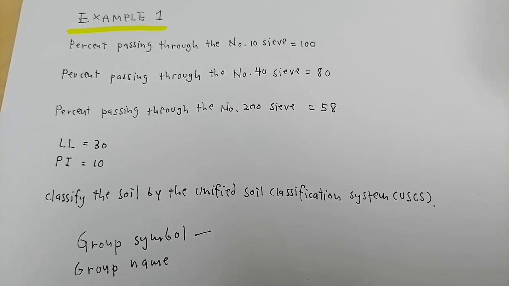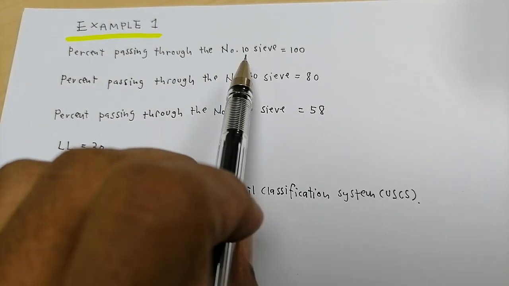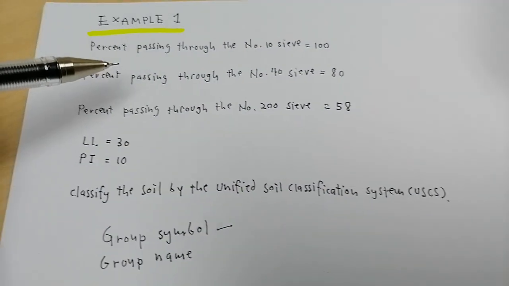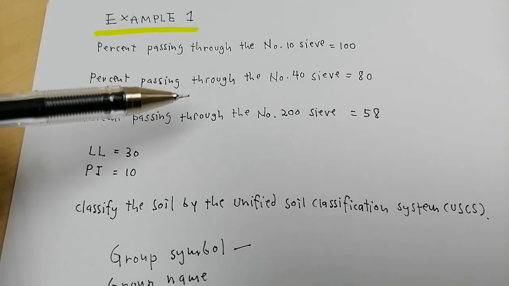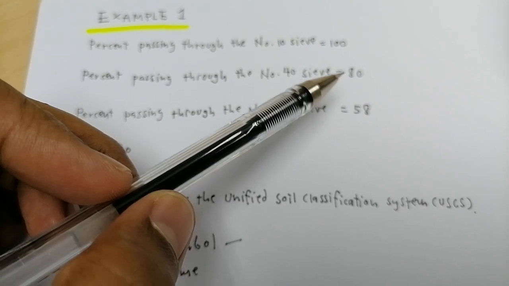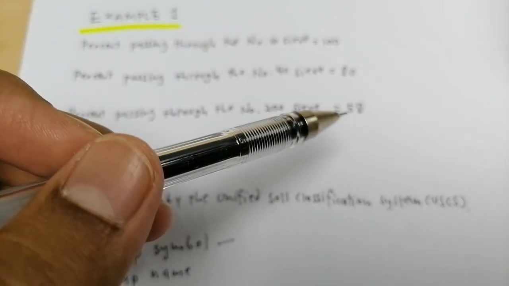As you can see, percent passing through number 10 sieve is 100%. And then percent yang melepasi number 40 sieve is 80%. And percent passing through number 200 is 58%. Okay?